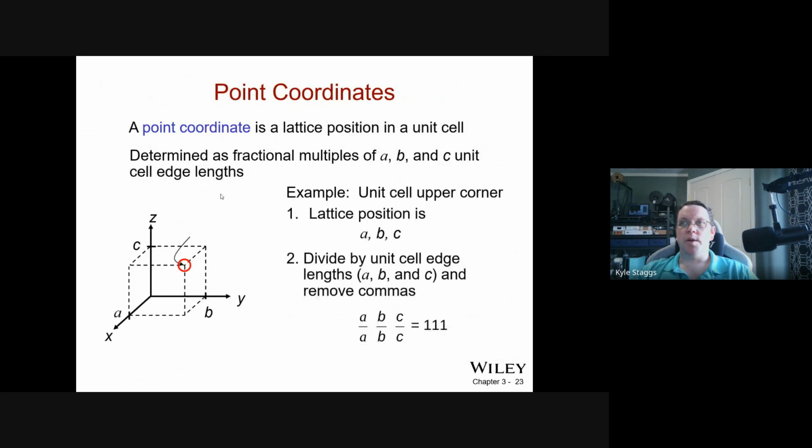Yeah, so point coordinate. This is where a lot of confusion can come in. A point coordinate is showing you from the origin where is the corner of this unit cell and how far away is it. So all it is is a vector.